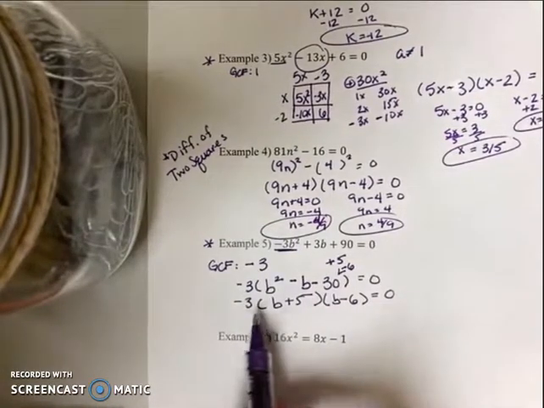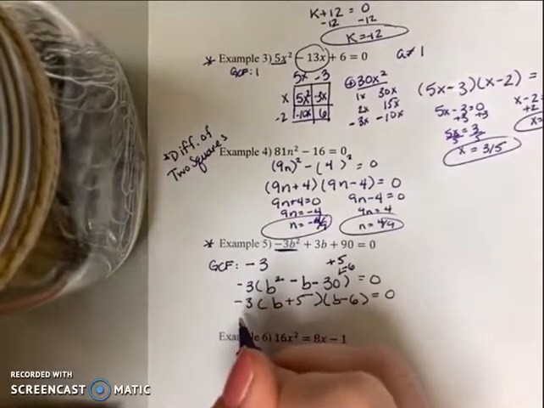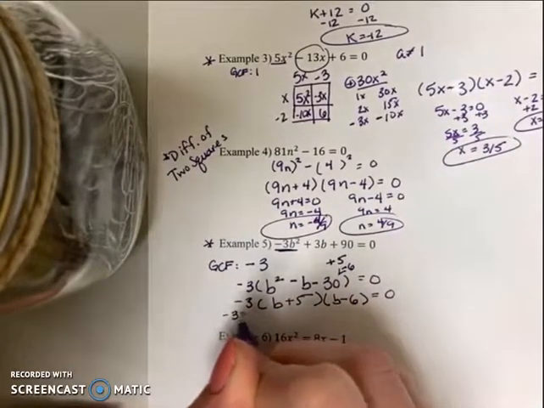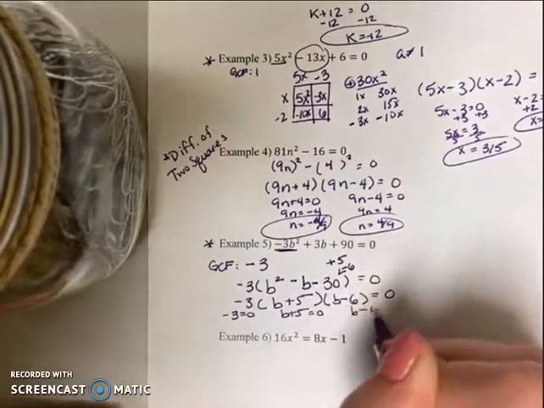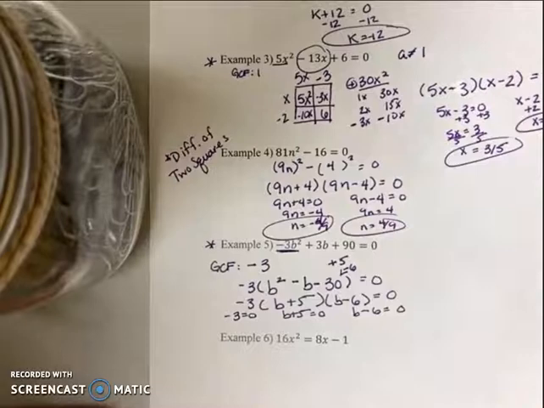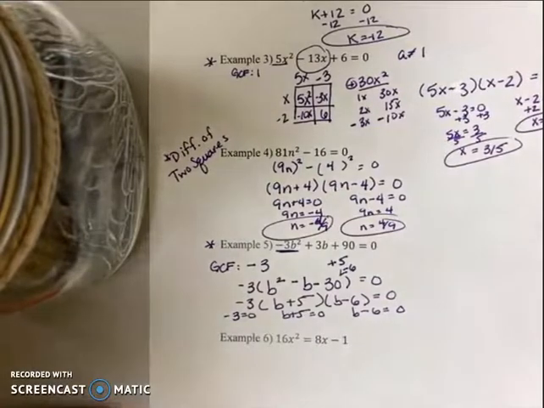Now we set each term equal to 0. That includes the GCF. So I have negative 3 equals 0, b plus 5 equals 0, b minus 6 equals 0. Sometimes the GCF will give you a solution if there's an x to solve for.